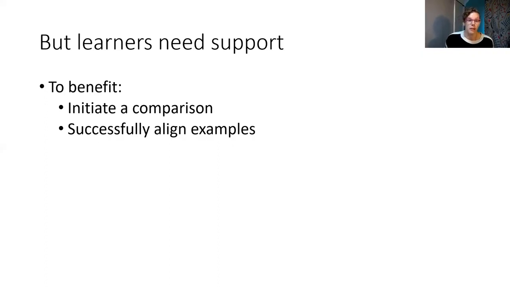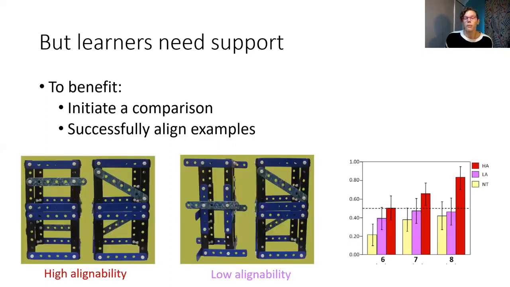Just to give you an example, to show you that comparisons are not all created equal, here are the buildings that I showed you before from the museum study I was just talking about. The experimenters actually gave two groups of children different pairs of buildings. Some children saw the buildings I showed you before, which were highly alignable. They were really, really similar. Really the only difference between them was in the orientation of this key piece, making that information really salient.